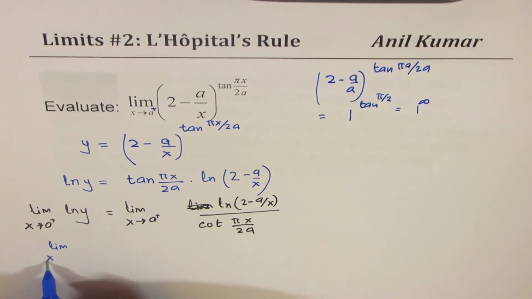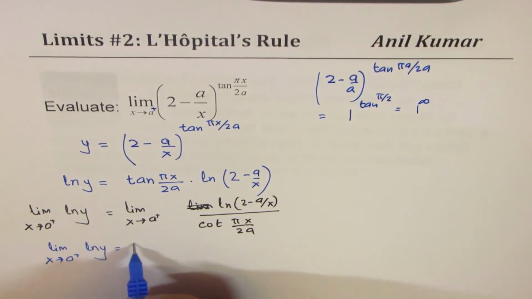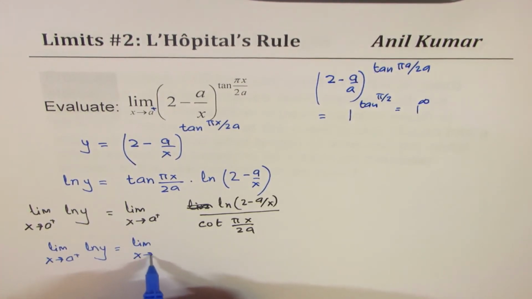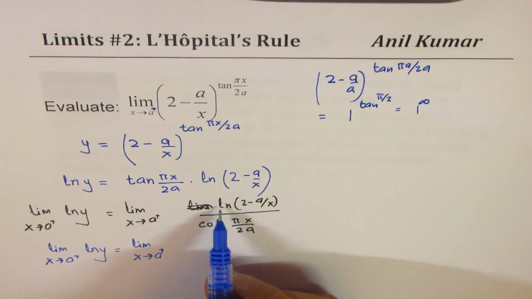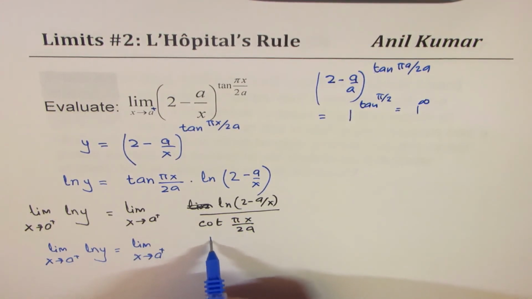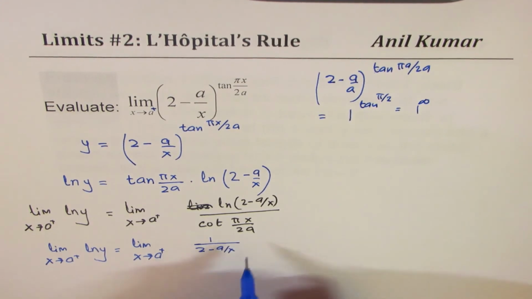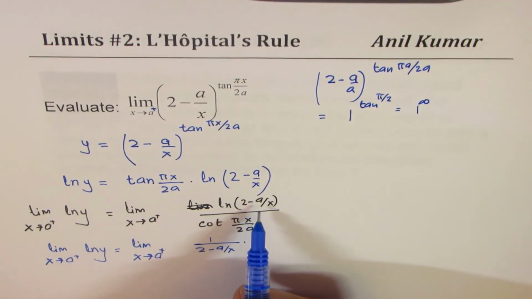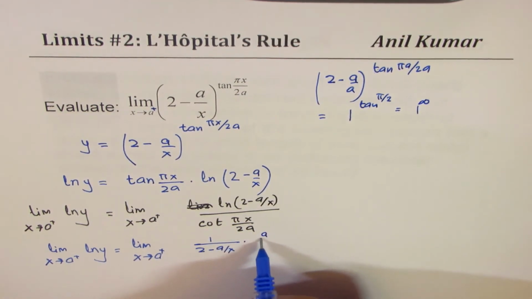So say limit x approaches a from the right side for ln y equals limit x approaches a from the right side. Now let's write down the derivative of this function. So it is 1 over (2 minus a over x) times derivative of minus a over x, which is a over x squared, correct?